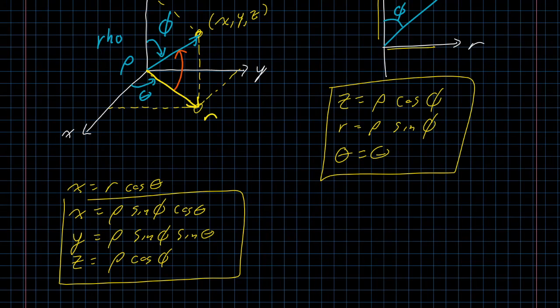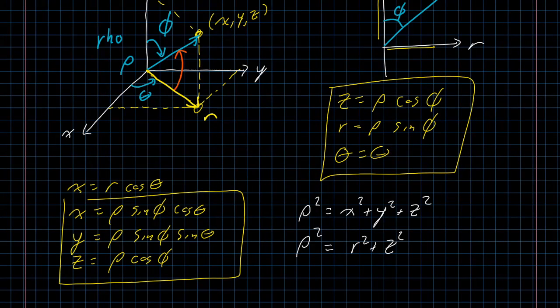Looking in the other direction, we can get to rho by squaring a bunch of stuff. It turns out rho squared is x squared plus y squared plus z squared. Or because x squared plus y squared is r squared, we have that rho squared is r squared plus z squared.